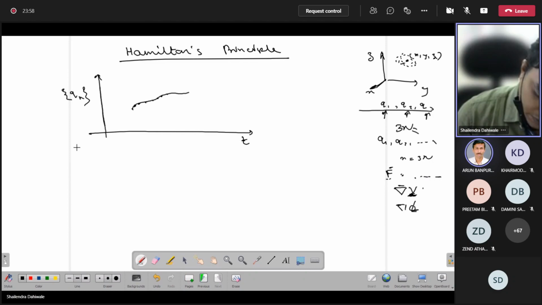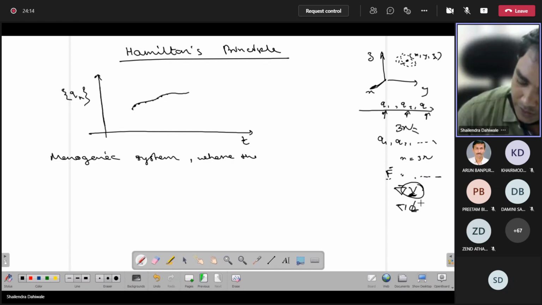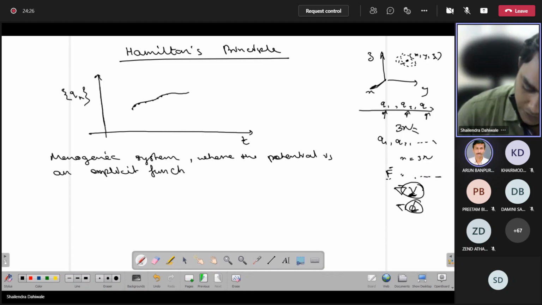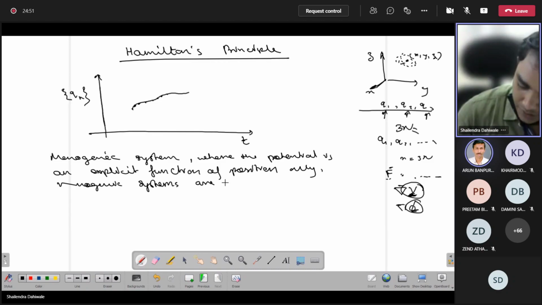So monogenic systems are systems where the potential is an explicit function of position or distance only, and along with that, monogenic systems are also conservative.